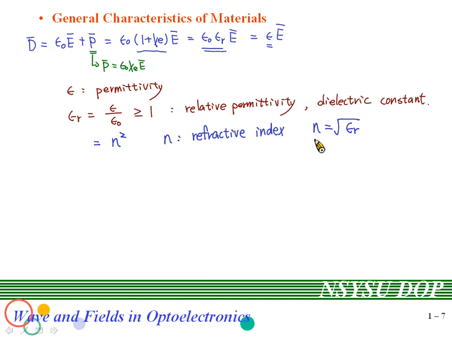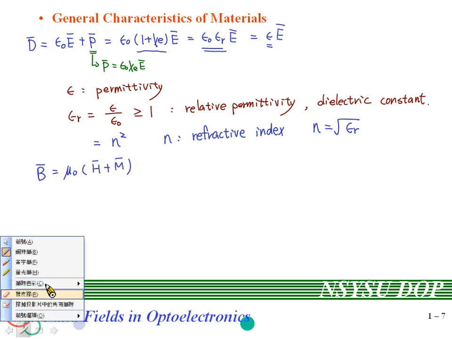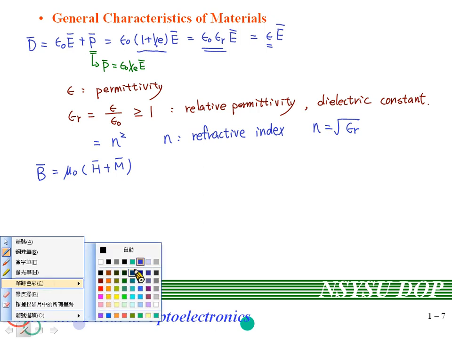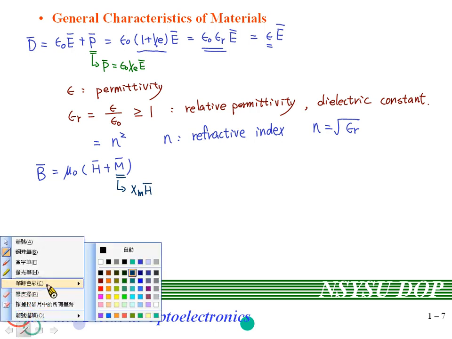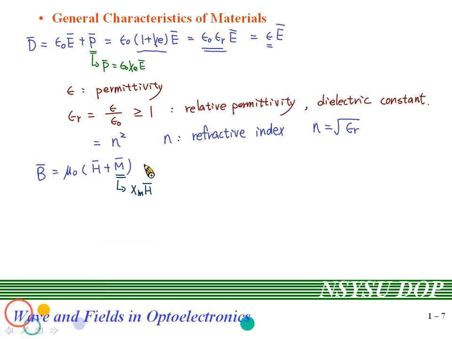Okay? Besides, we know that the B field is mu 0 times H plus M. And here, M is chi M times H. As a result, we can rewrite the B field in terms of H like mu 0 times 1 plus chi M times H. And this term can be written as mu r.